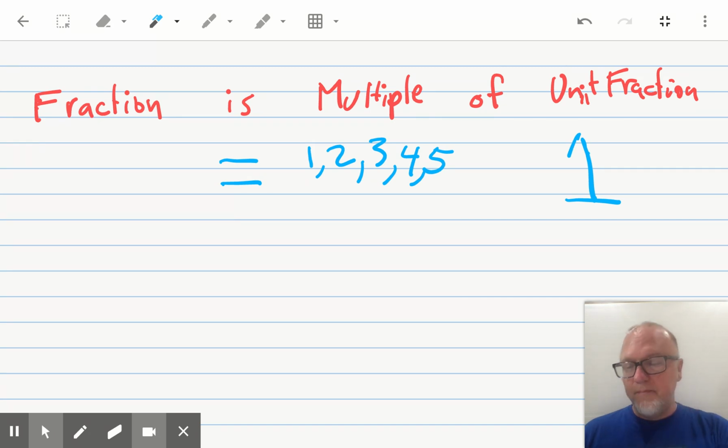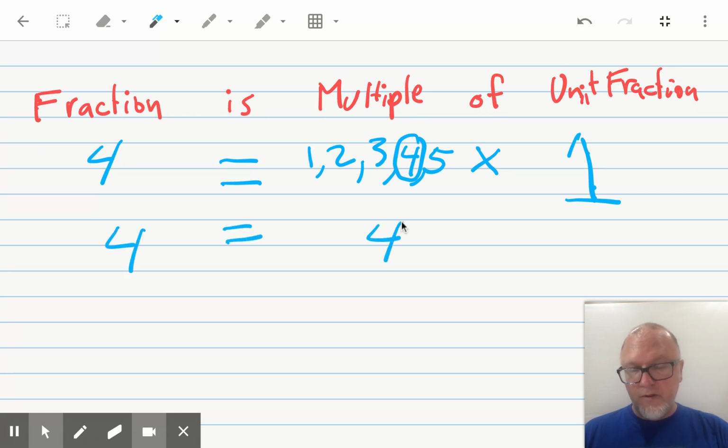I will in a second. So what is 4? Well, 4 is equal to the fourth 1. So if you had 1 and you had it 4 times, that's what 4 would be. And of means, I've told you this a million times, of means times. So let's write it out. 4 is equal to the fourth multiple of 1.